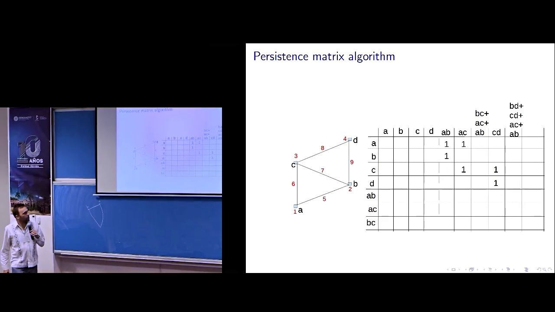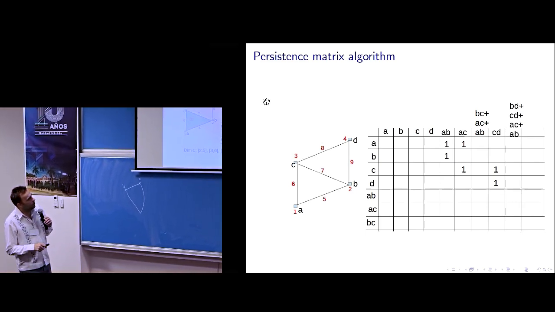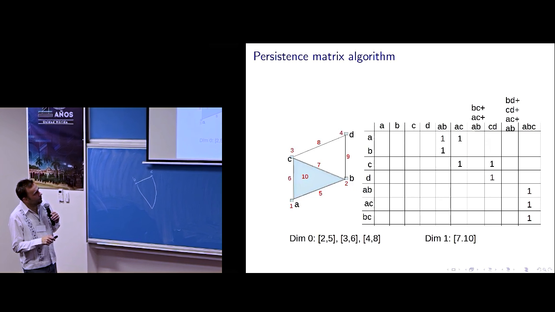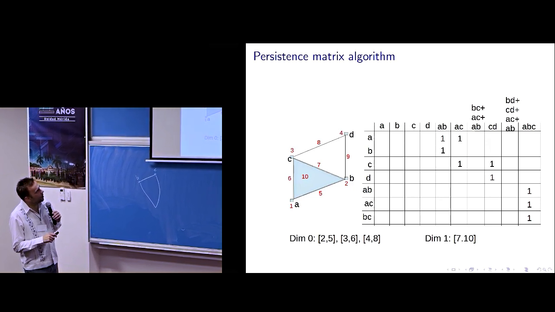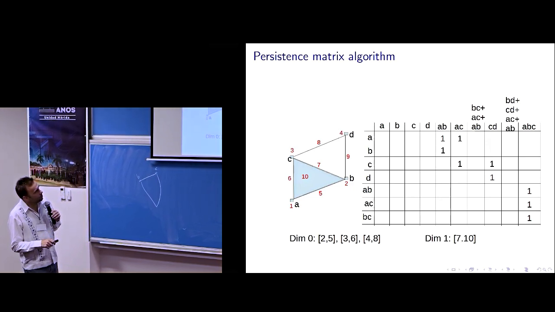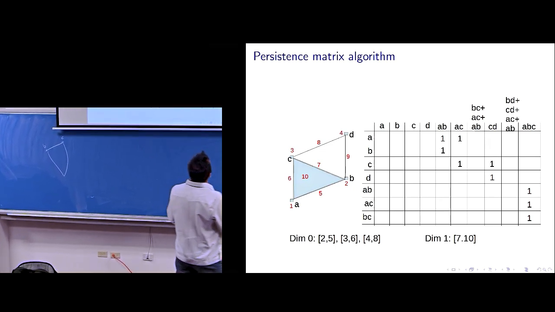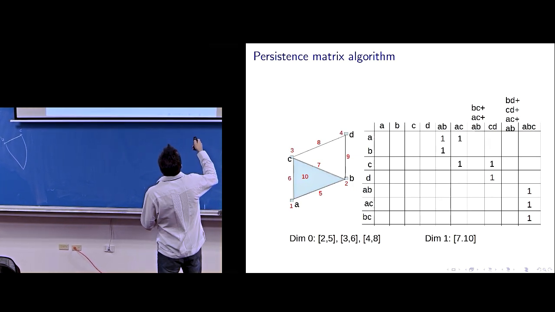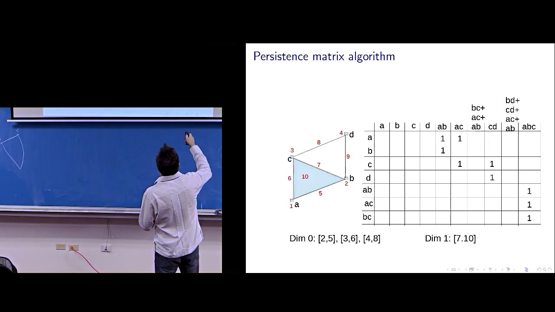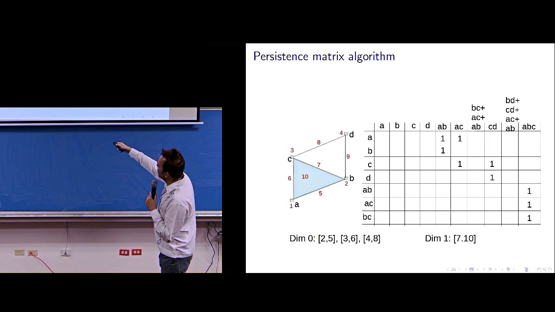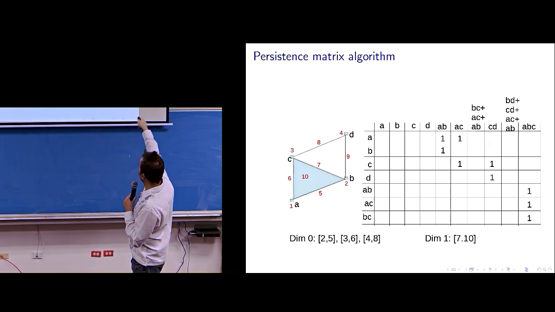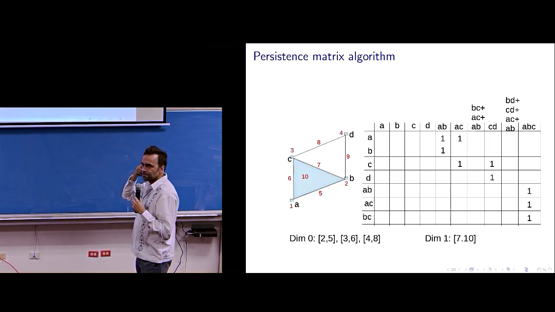And we have another kill right here. The addition of this ABC triangle kills whatever was created at BC. So where is BC? There it is, right? We created this cycle in BC, and by adding this element, we killed the cycle.